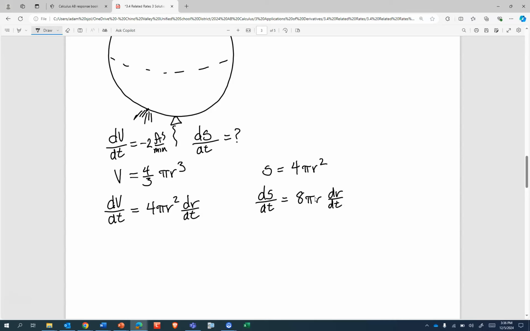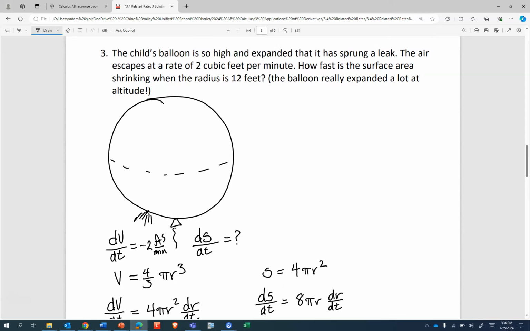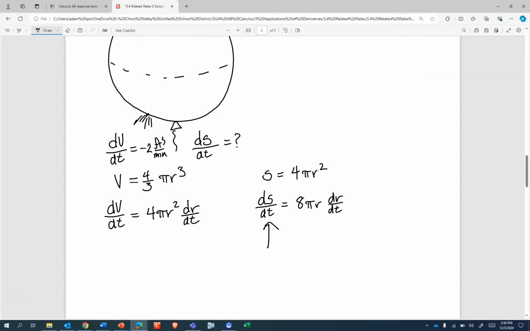And so we want dS/dt right here, which means we need an r, which we have. That's going to be 12. It says when the radius is 12 feet. But I guess we need dr/dt, which seems impossible. But the other equation has a dr/dt, and we know the radius is 12, and we know dV/dt. So that's our plan.